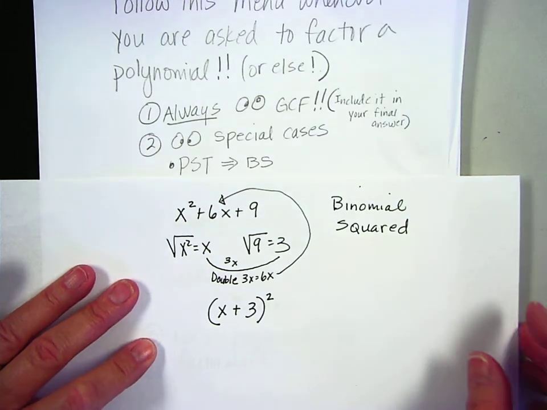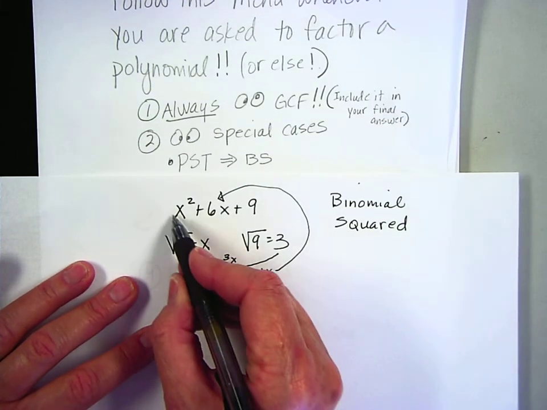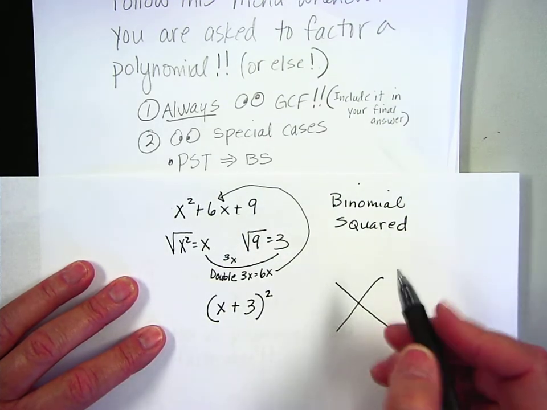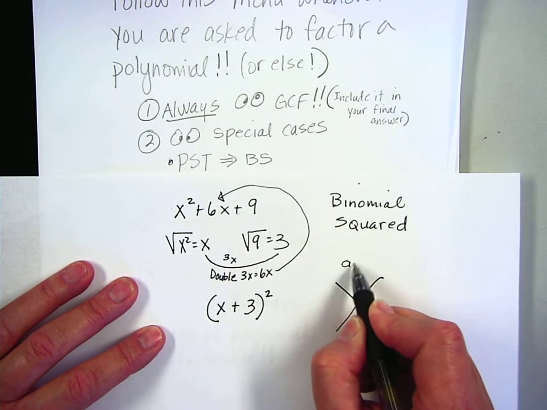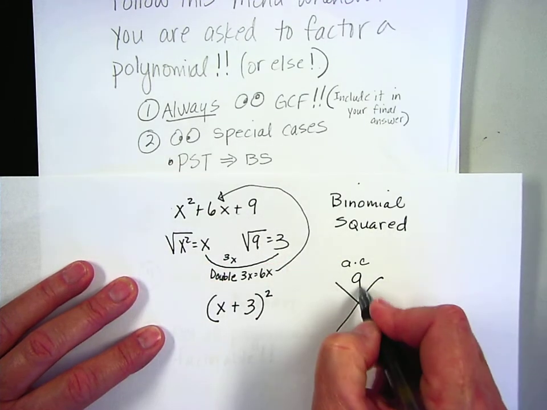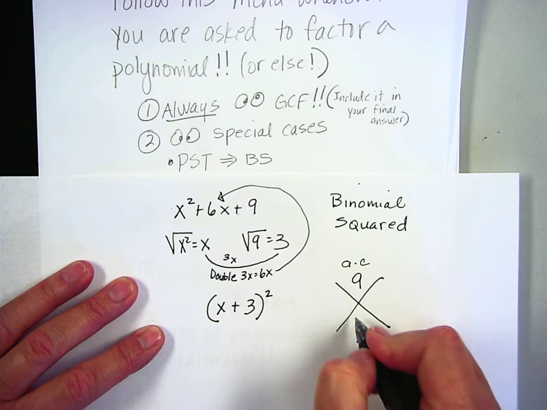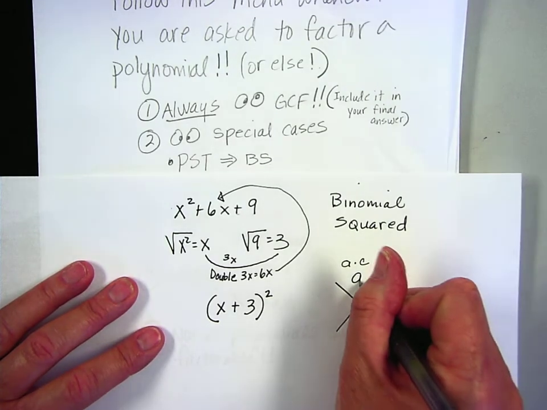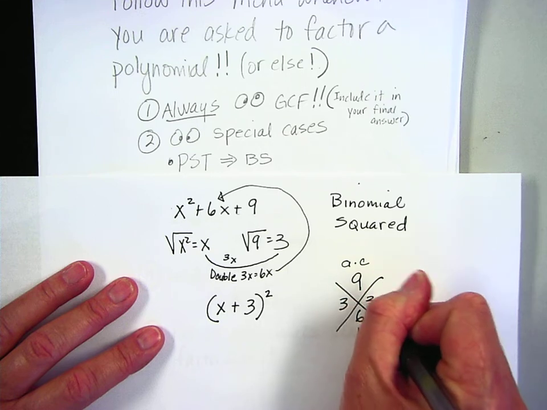Now, what if you don't know it's a PST and you try to do X-man if the leading coefficient is 1? Well, if I do X-man, my A times my C is going to be 1 times 9, which is 9, and my B is going to be 6. The two numbers that I multiply to get 9 and add to get 6 are 3 and 3.